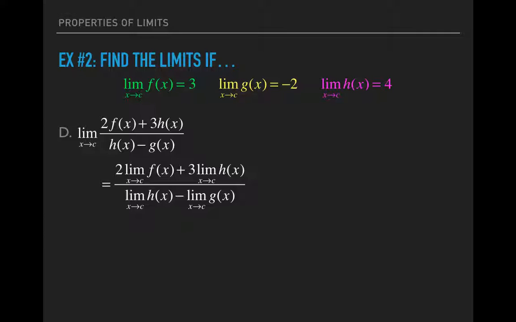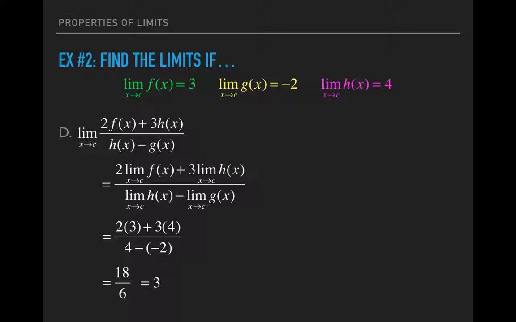So that would be 2 times 3 plus 3 times 4 divided by 4 minus, and g is -2. So 2 times 3, that's 6, plus 12 is 18, divided by, that would be actually 4 plus 2 is 6, giving us 3.